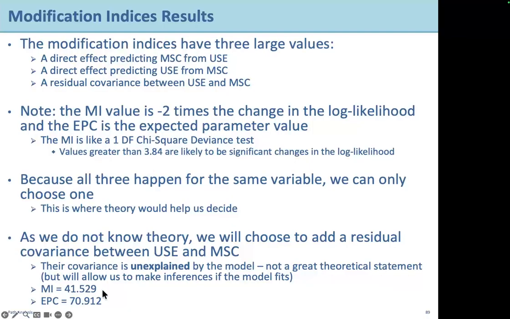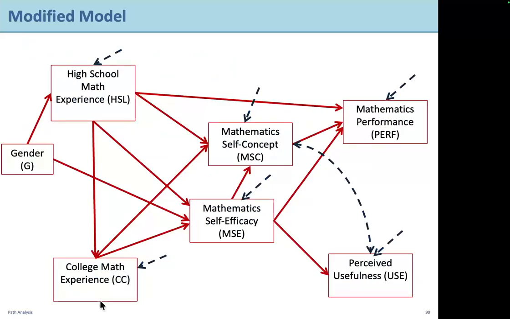Those were the values of the modification index, 41.529, and the parameter change. So when we put this parameter in the model, we would expect the covariance to be about 70. Now remember, covariance is a weird number. It's correlation with units, so it's hard to tell if that's a big number or a small number. So what we're doing is proposing to add that.